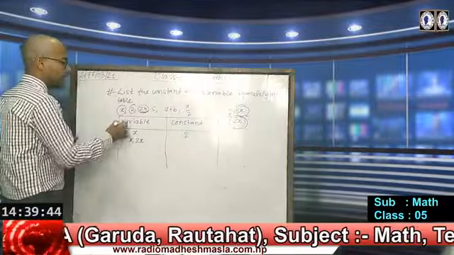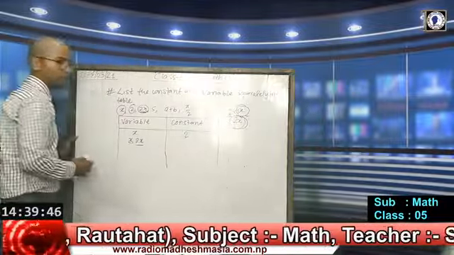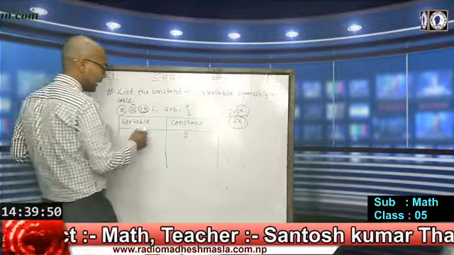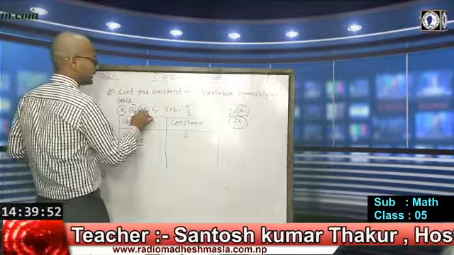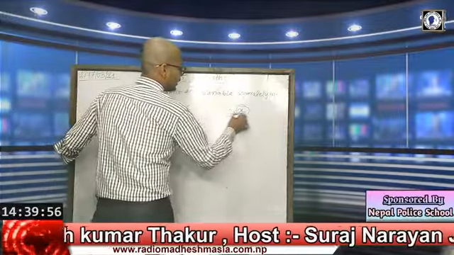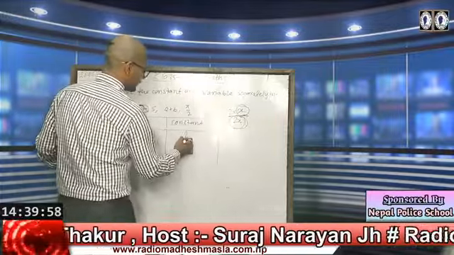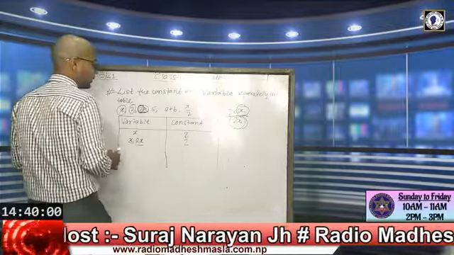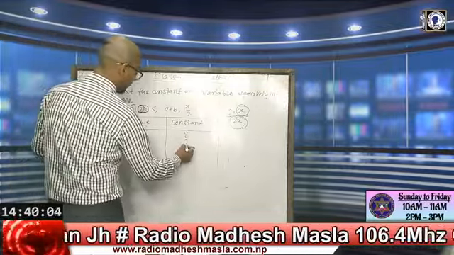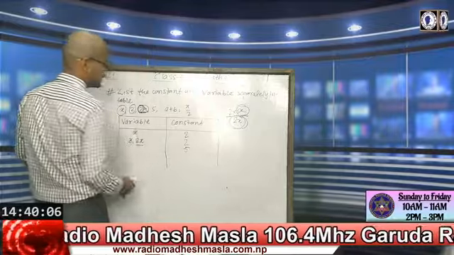So x and 2x both should be written in the variable column. When 2x is separated, 2 is written in the column of constant. In the same way 5 is given, so a single 5 is constant.